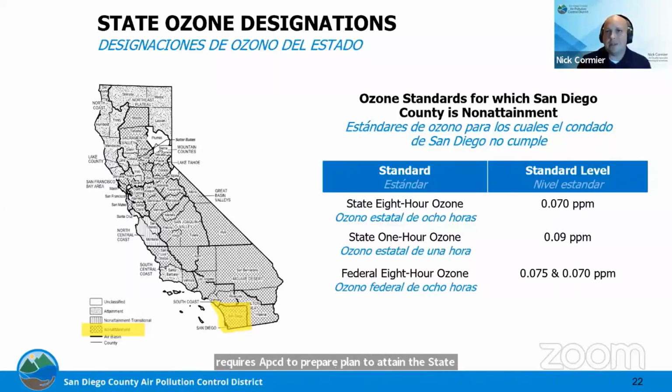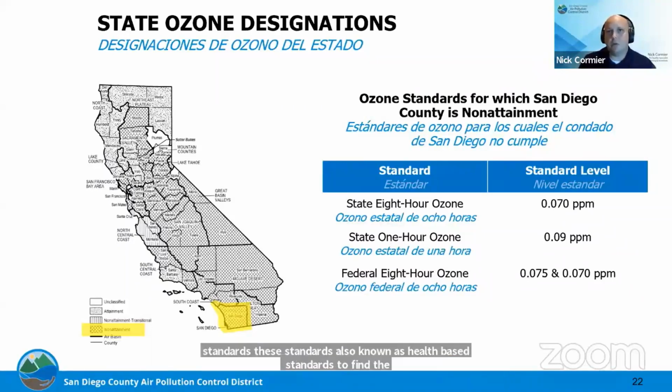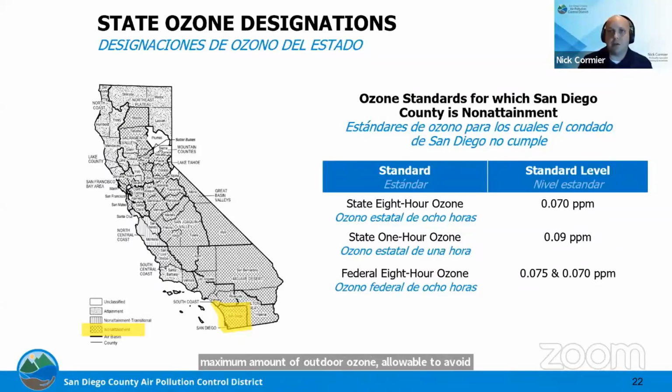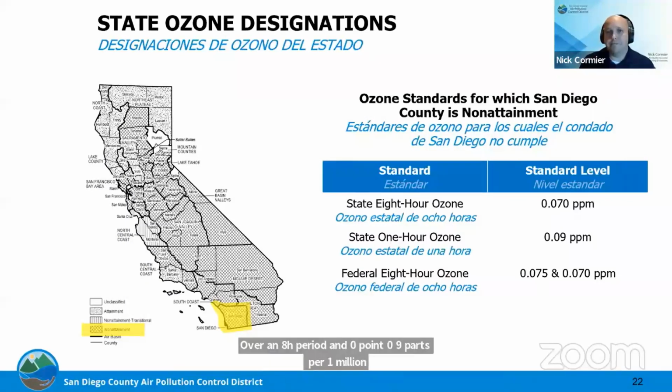These standards, also known as health-based standards, define the maximum amount of outdoor ozone allowable to avoid harming public health, averaged over a specific time period. At the state level, CARB has set these levels at 0.070 parts per million, or ppm, over an 8-hour period, and 0.09 parts per million over a 1-hour period. Next slide, please.